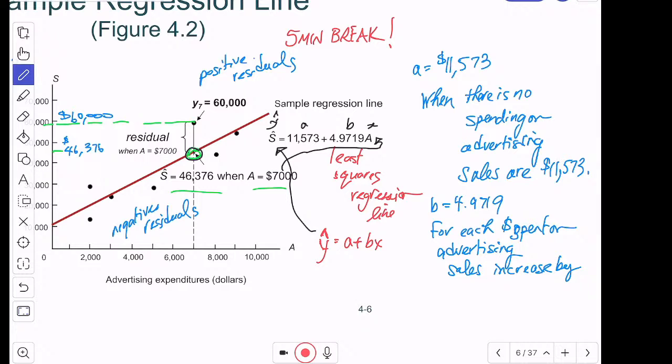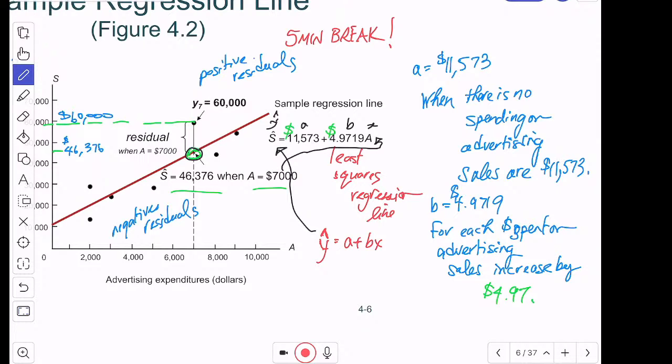That's the best way to describe what you're giving me. I want concrete answers here. You have the numbers. You can give me quantitative answers. So that's actually $1 as well, okay? These are both dollars. So finish that sentence for me. For each dollar spent on advertising, sales increase by $4.97.